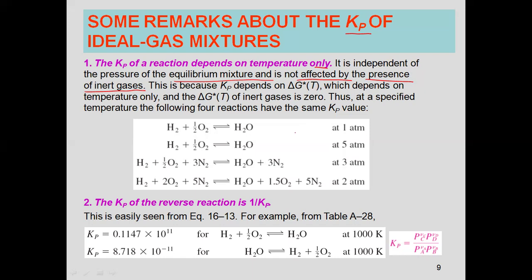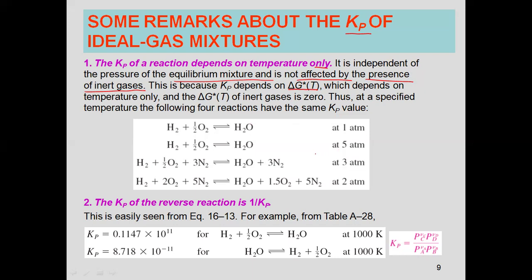How to prove it? You see that delta G is the standard state Gibbs function change. Change from what to what? Change from the reactants up to the products at the equilibrium condition.